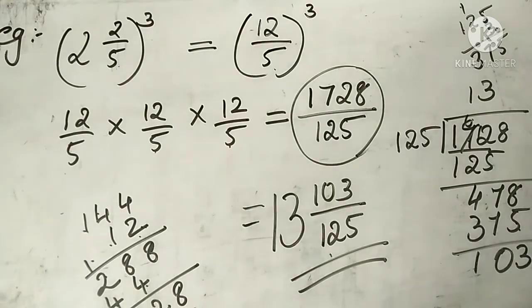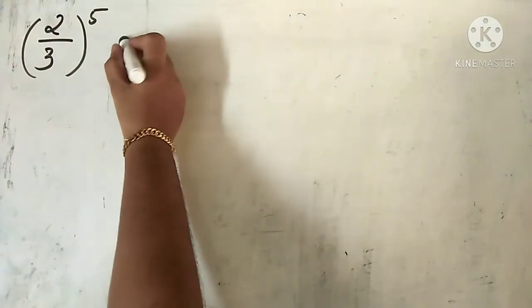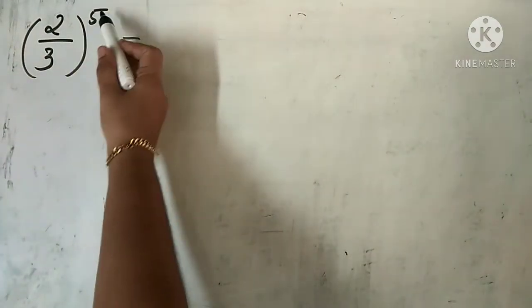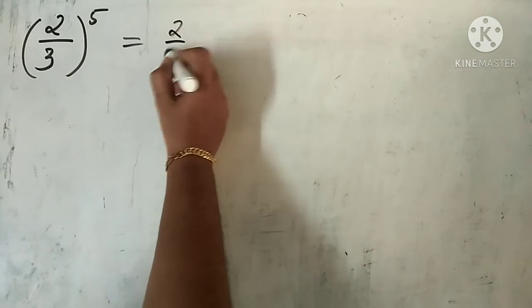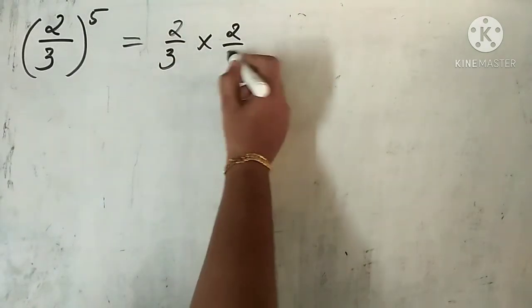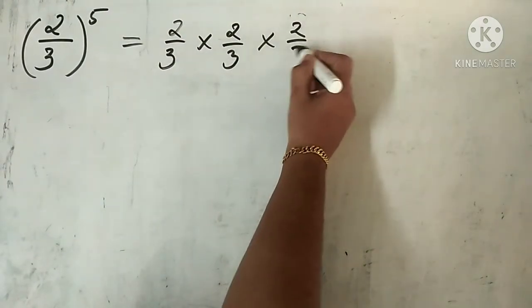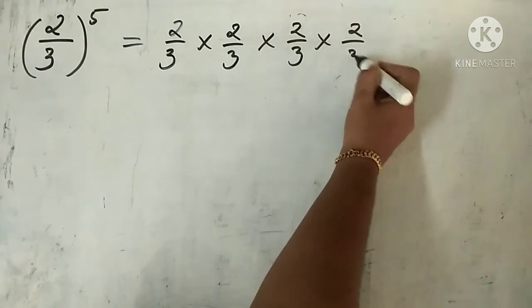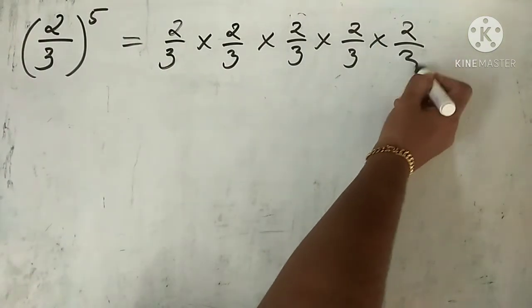Okay. Another question, 2 by 3 whole raised to 5. That means we have to multiply 2 by 3 5 times. 2 by 3 into 2 by 3 into 2 by 3 into 2 by 3 into 2 by 3.